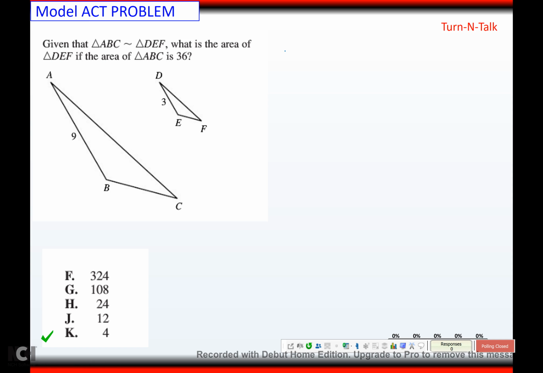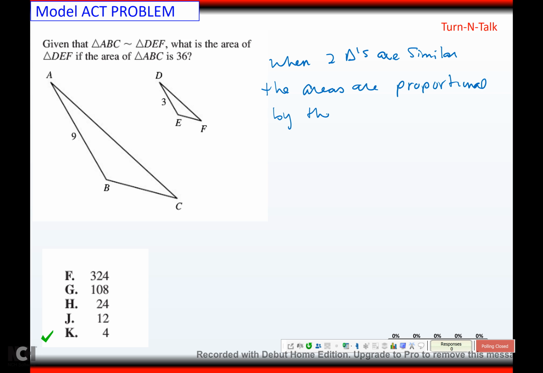Alright, so there's a theorem, I guess, that says when two triangles are similar, the areas are proportional by the square of the factor.